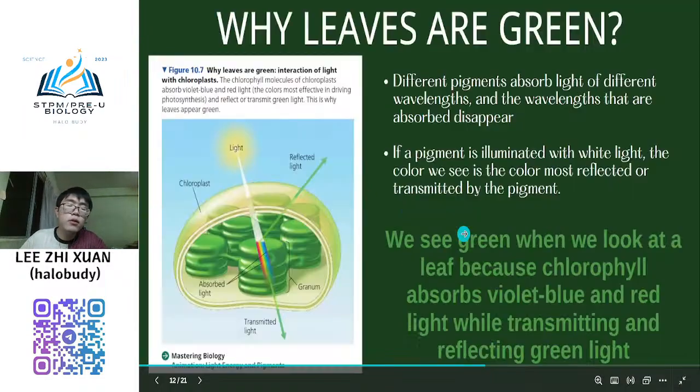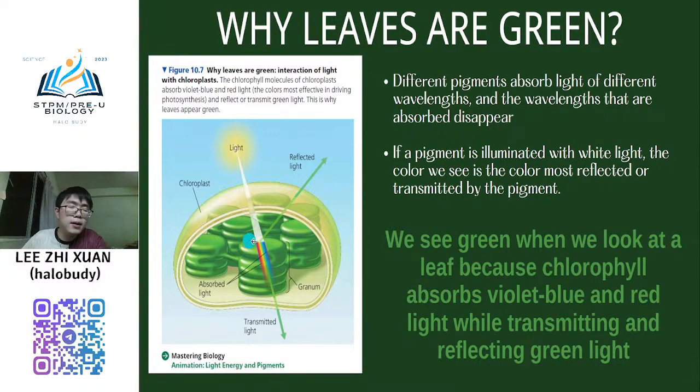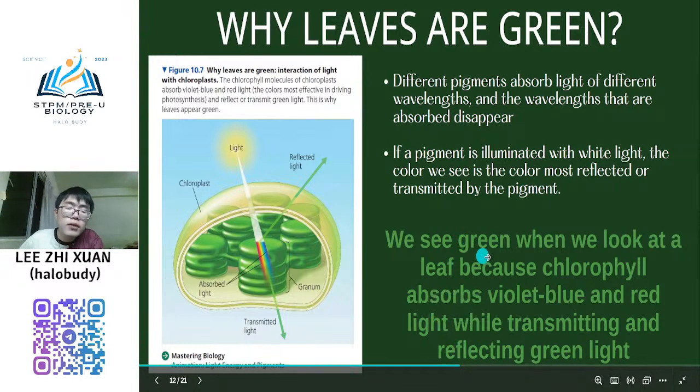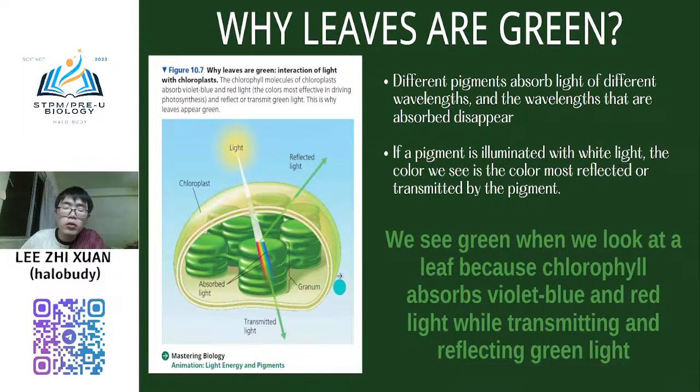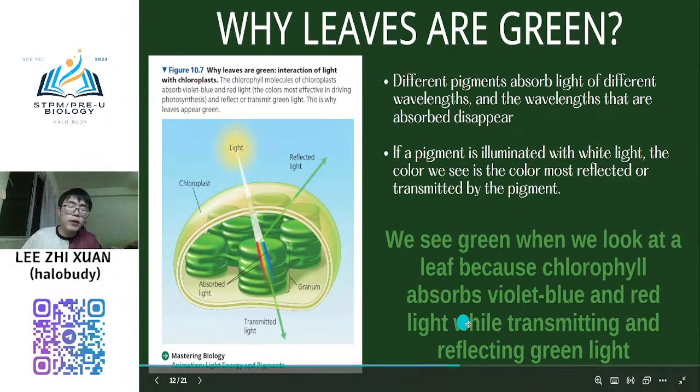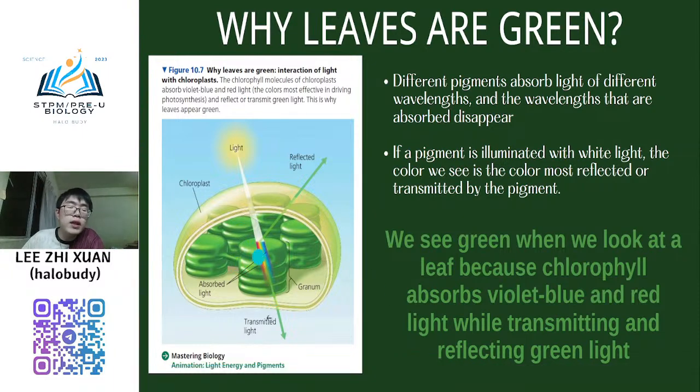This is why we see the green color. When we look at the leaf, it is green because chlorophyll absorbs violet, blue, and red light while transmitting and reflecting green light.